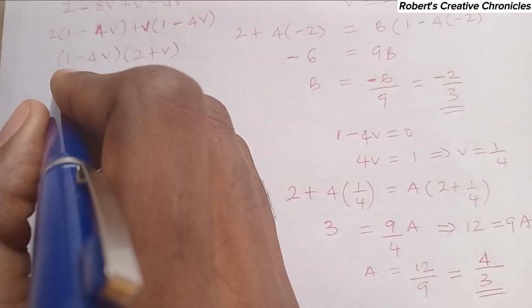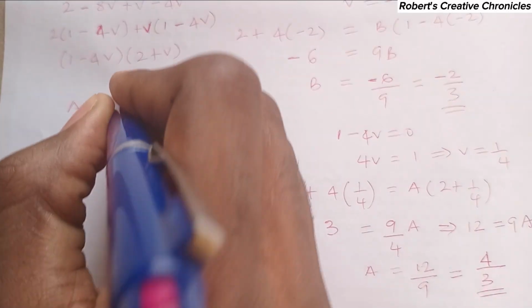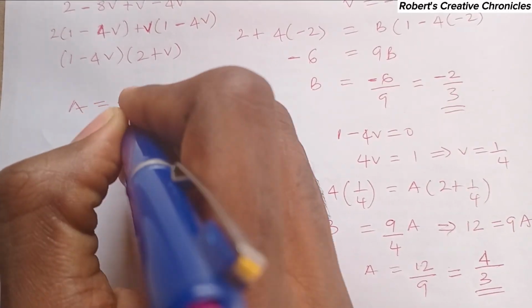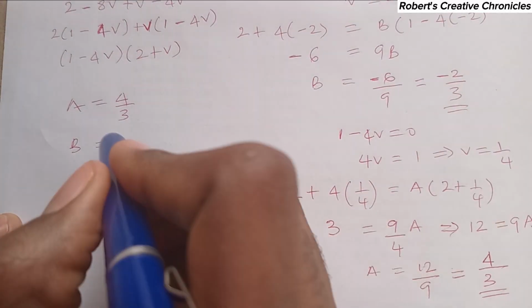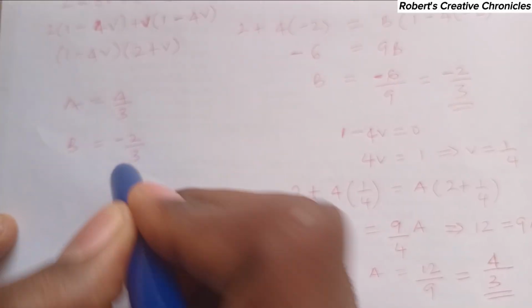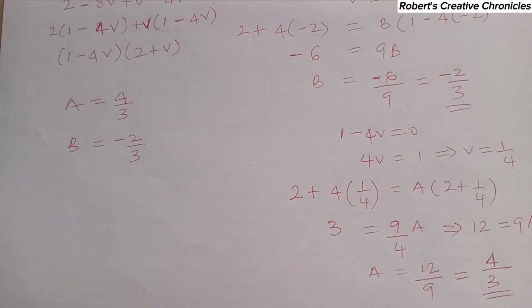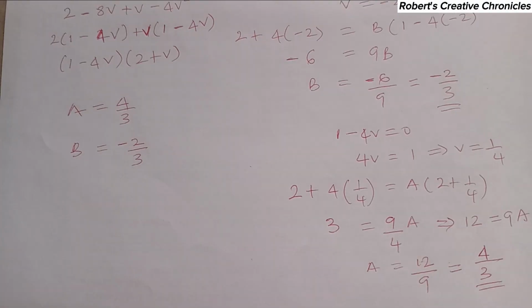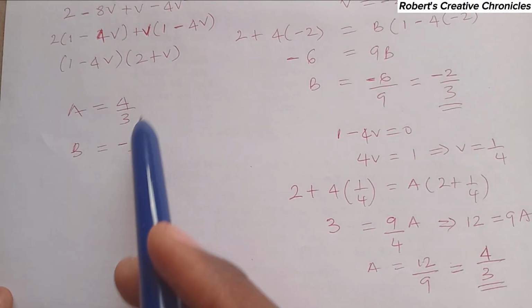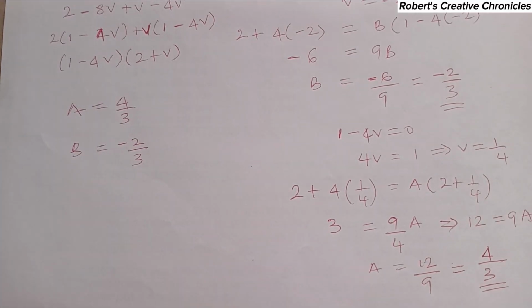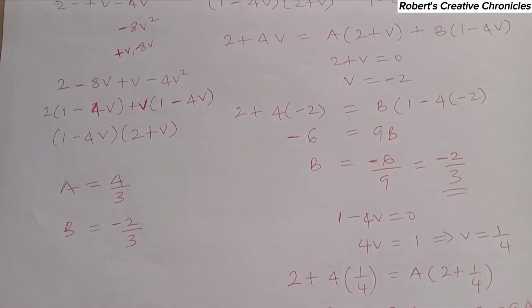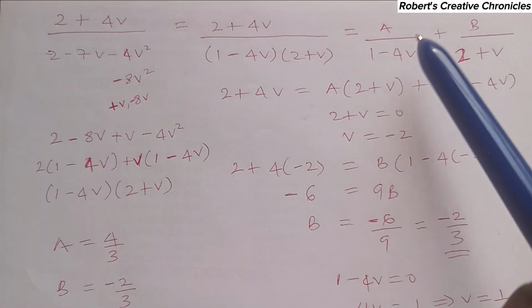So now a is equal to 4 over 3, and b is equal to minus 2 over 3. Now we'll substitute this back into the original partial fractions.